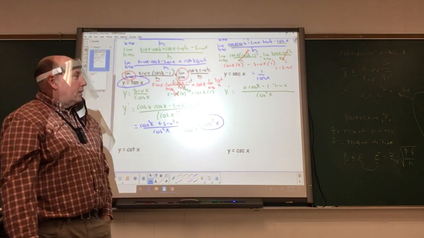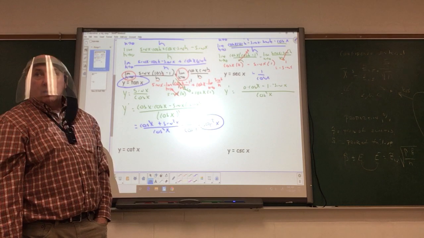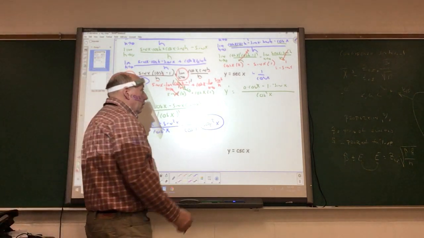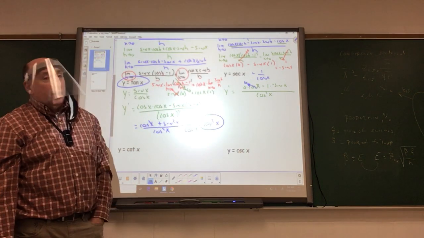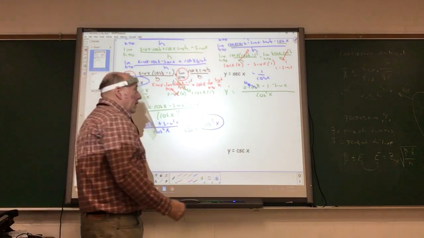So what we're left with on top is a positive sine of x, because this will go to a value of 0. So we have negative 1 times negative sine of x, that gives us positive sine x.